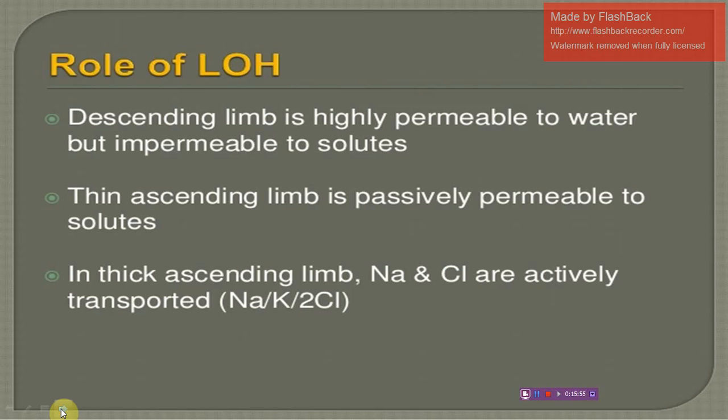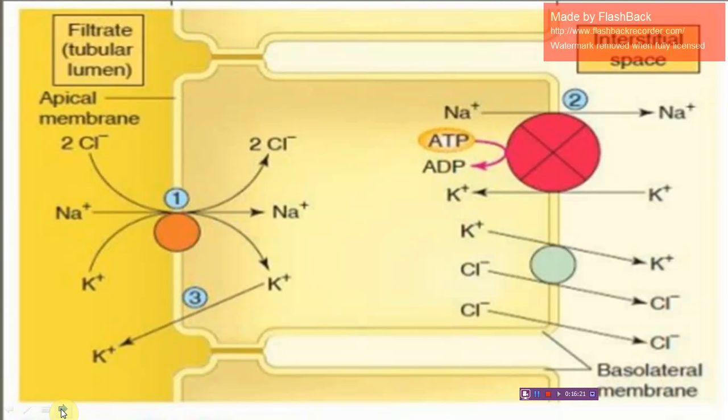The descending limb is highly permeable to water but impermeable to solutes. The thin ascending limb is passively permeable to solutes. In the thick ascending limb, sodium and chloride are actively transported by the sodium potassium 2Cl co-transporter, which is a secondary active transport. Here is the mechanism.